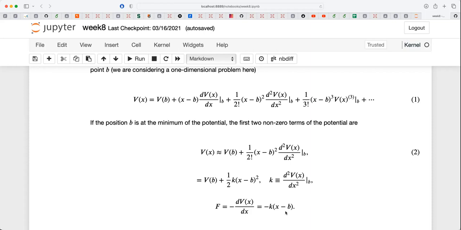When you study quantum mechanics, you're going to meet the harmonic oscillator because that's one of the cases where you can solve Schrödinger's equation analytically. Physics cases close to the minimum of the potential are often dominated by this kind of harmonic oscillation back and forth. So it's a very useful model also for realistic physics cases.